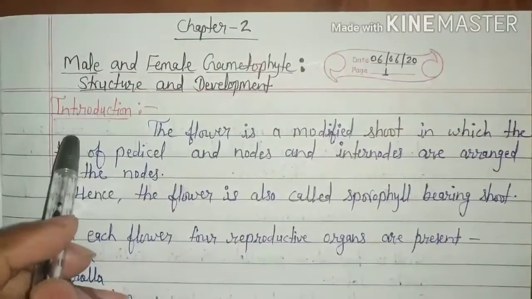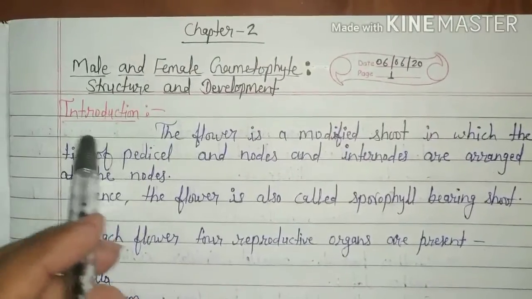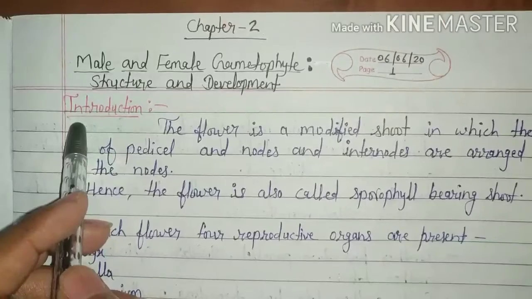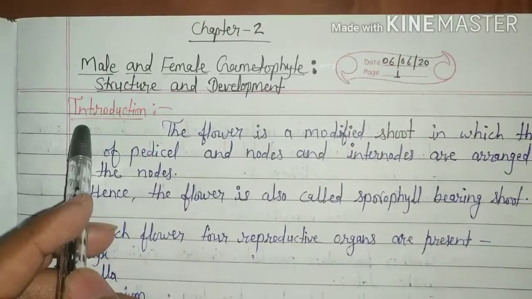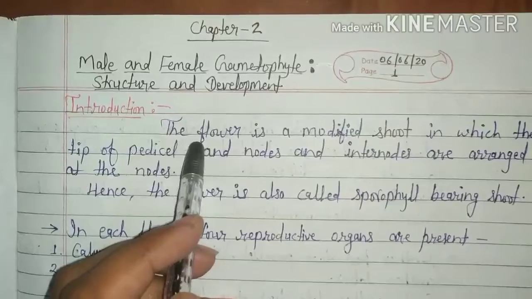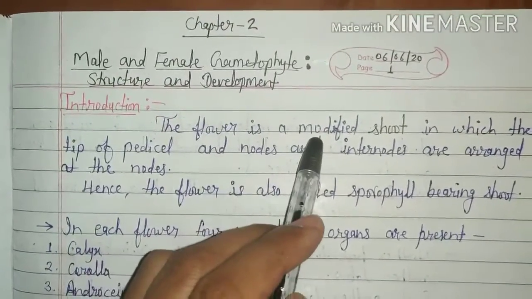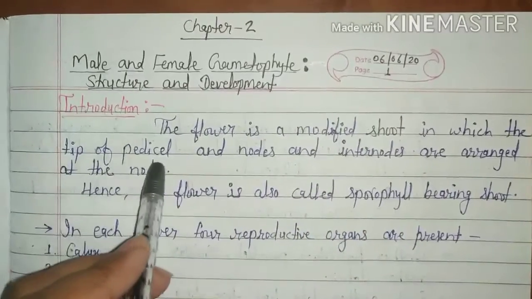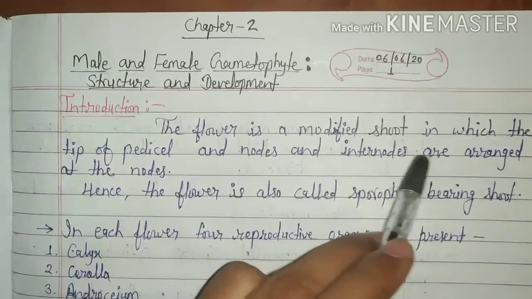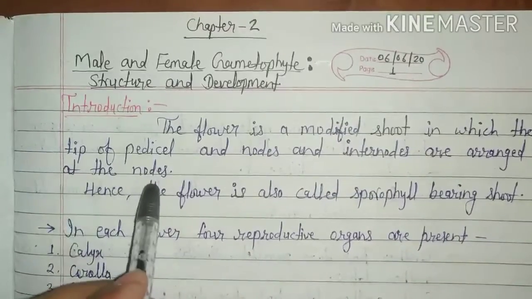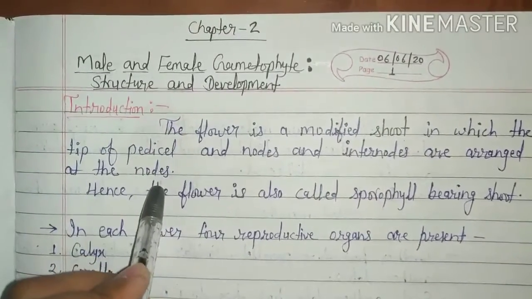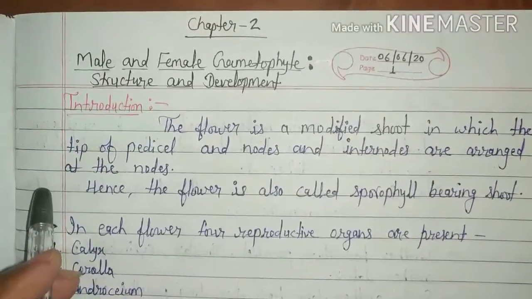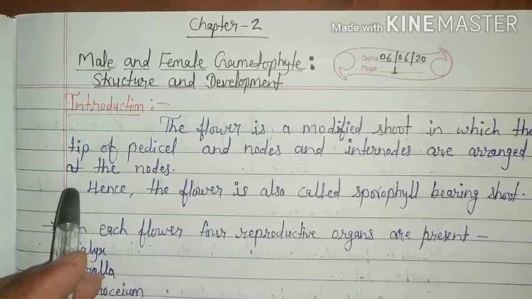Let's start. Introduction. In angiosperm plants, the flower is formed as a reproductive structure. Morphologically, the flower is a modified shoot in which the tip of the pedicel, nodes and internodes are arranged, and the internodes are highly condensed.